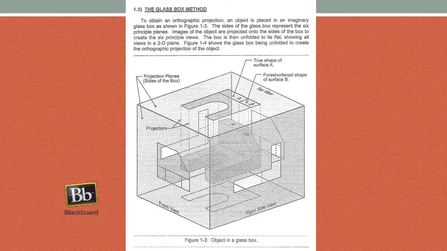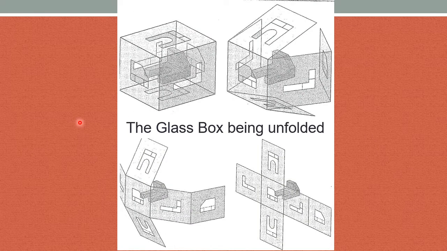One method to do that is known as the glass box method. Basically, your object is inside a glass box and the view from different surfaces is projected onto that glass box, and then it is unfolded, and you can see here left, right side, front side, back side, top, bottom.